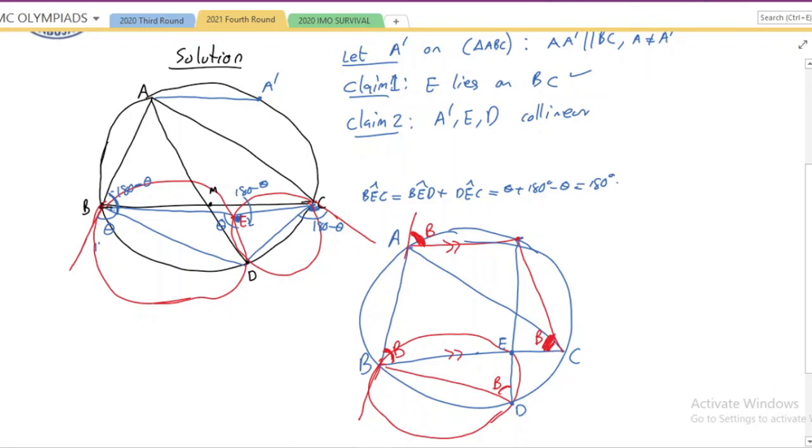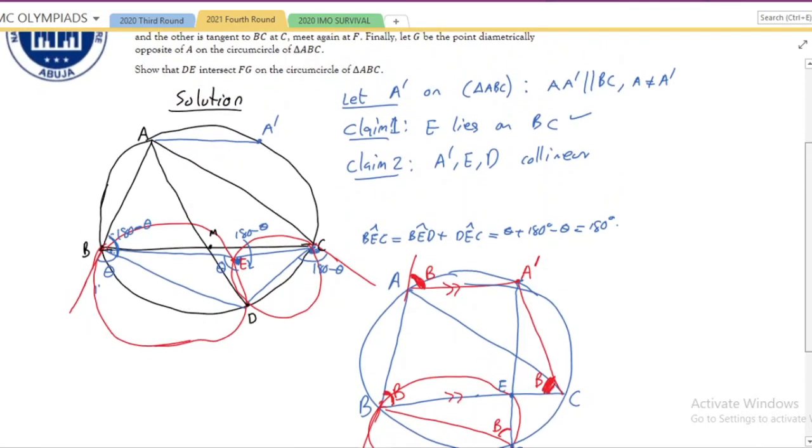So meaning this must be the special point where if you draw a parallel line through A, it meets the circle again. So that's A prime, and with that we have that A prime, E and D are collinear. So we don't need to involve the other circle at this point.